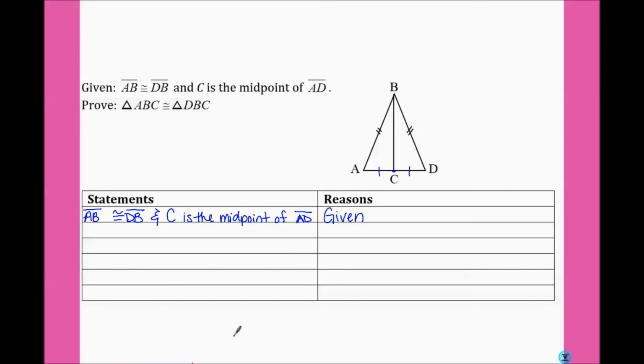You can also write them together if they're both given. Next, we determined that AC was congruent to CD. And we knew that because C being the midpoint means that these are equal. So our reason is the definition of midpoint.